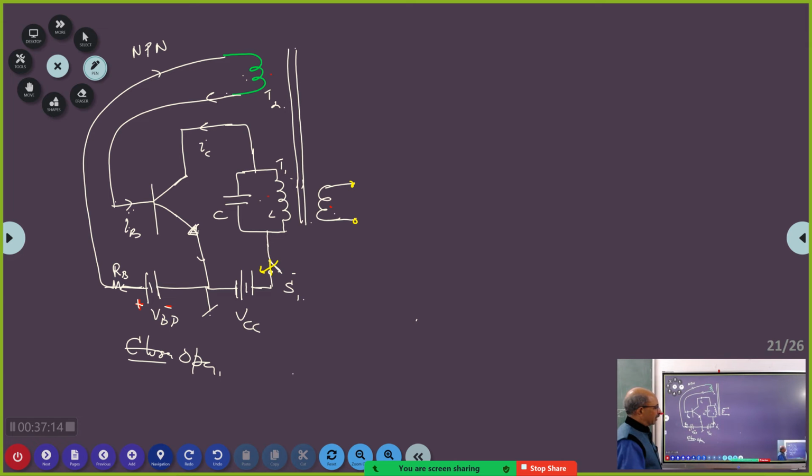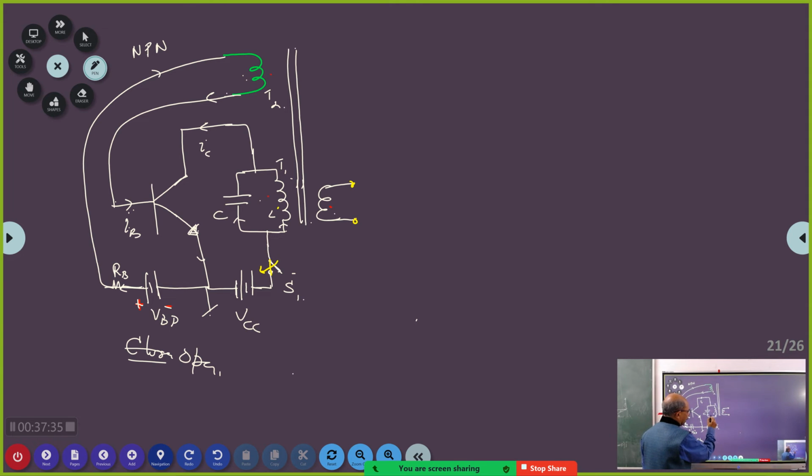So as soon as you close the switch, what happens? This is an inductor. Current cannot rise in the inductor instantaneously. But this is a capacitor. Current can rise in that instantly. So as soon as you close the switch, this VCC, current cannot rise here, but current can go here.